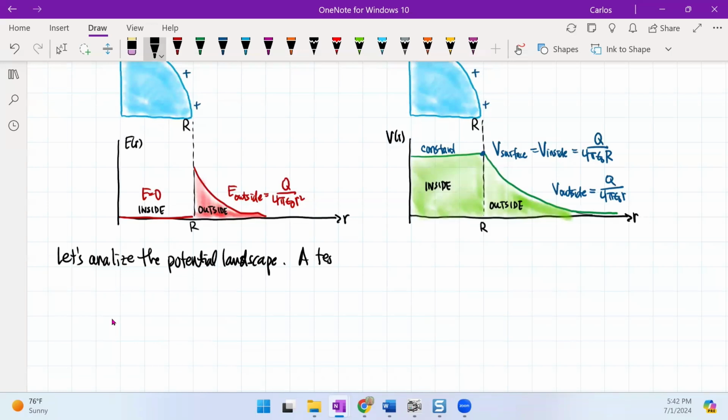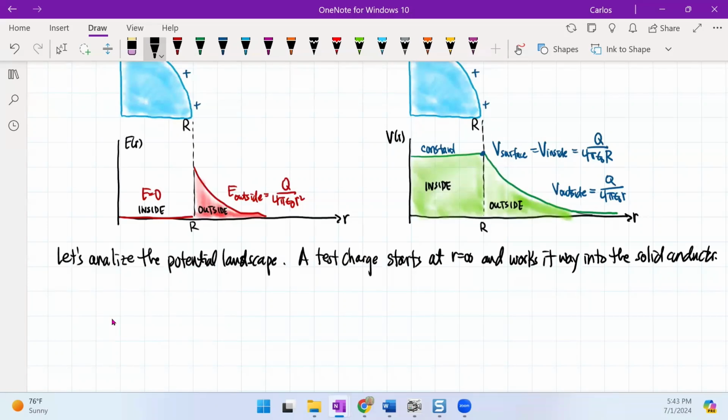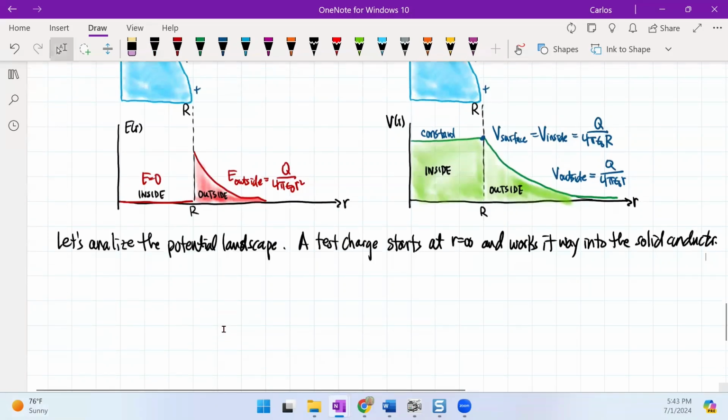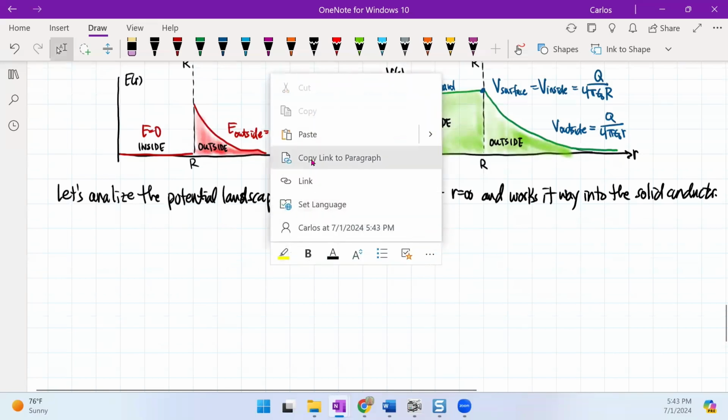A test charge starts at r equals infinity and works its way into the solid conductor. So if I look at this thing, here's what I'm seeing.